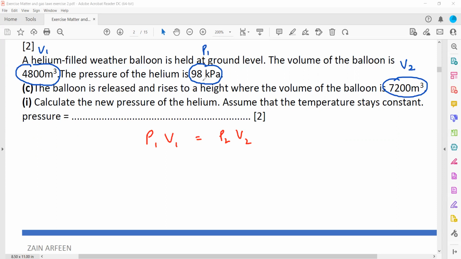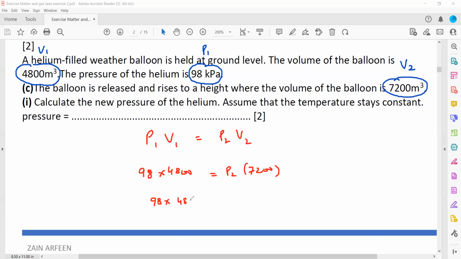If you convert kilopascal into pascal, the final answer of pressure will be in pascal. Or if you are not converting it, and you just write 98, the final answer of the second pressure will be in kilopascal. So I'm writing 98, the first volume is 4,800, the second pressure we don't know, and the second volume is 7,200. The 7,200 is multiplied on one side, on the other side it will be divided.